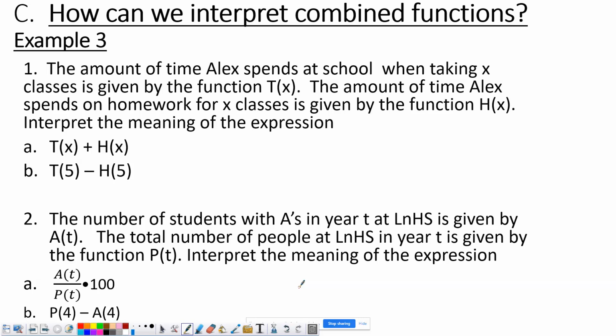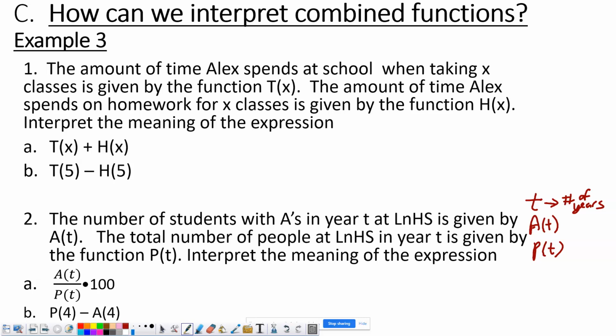All right, the 3 variables are t, a of t, and p of t. Now, what do they mean, though? T is what year we are in. It's not really telling us what year we're starting with, so it's kind of hard to say. Is it the number of years after 2000? Is it the number of years after 2010? I don't know. It doesn't say. But t just represents a certain number of years that have gone by.